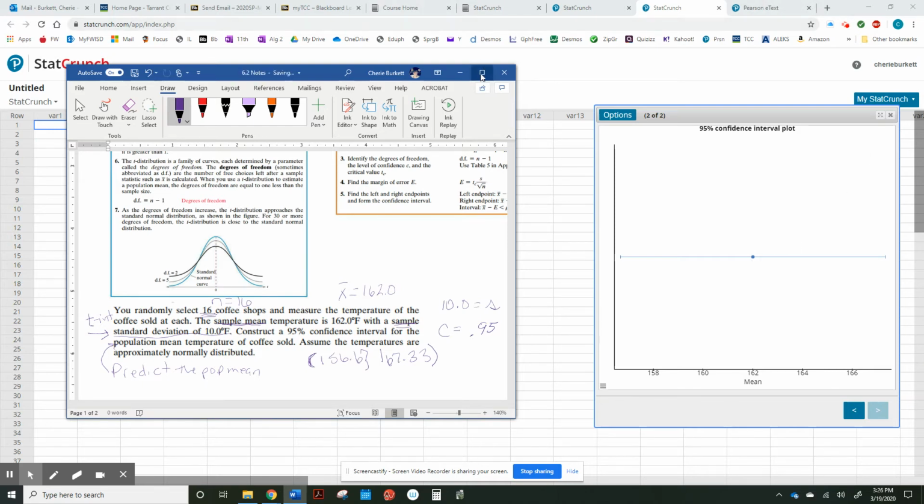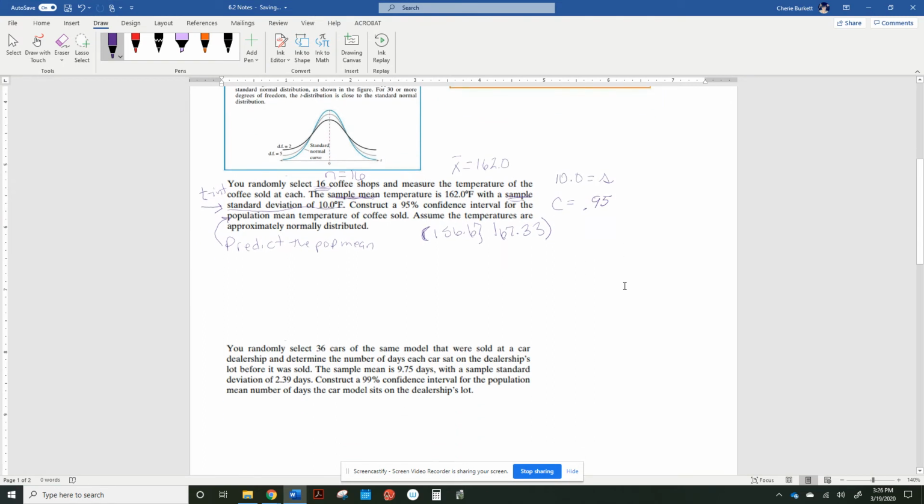If we are going to draw it, it's going to work the exact same way that the other one did. This would be our standard curve. If this is our x-axis, then we put our mean right here. Our mean is 162. It was a 95% confidence interval, so this is 0.95.